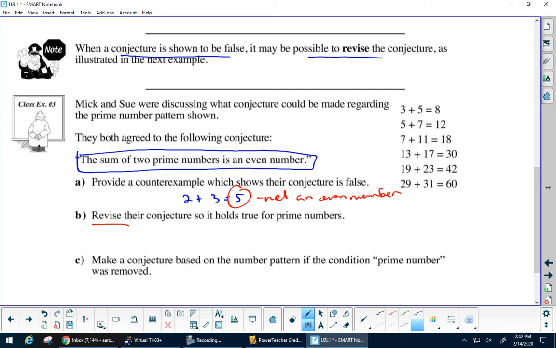So the sum of two prime numbers, except for 2, or we could say excluding 2, is an even number.